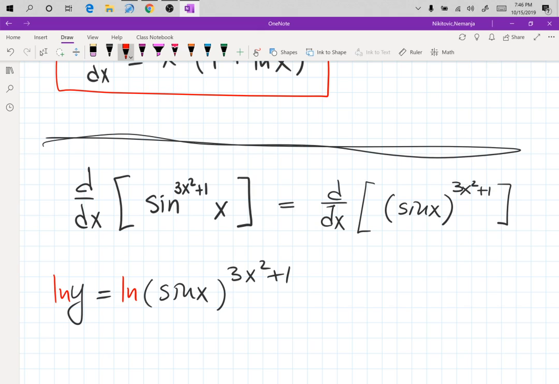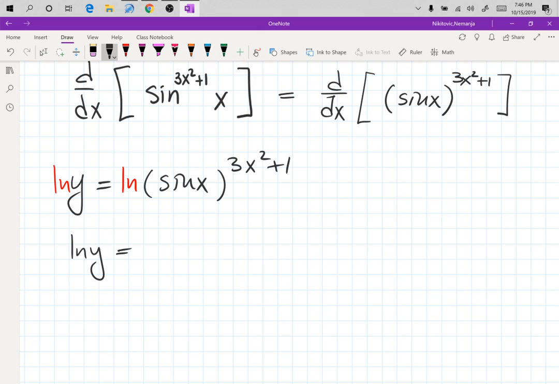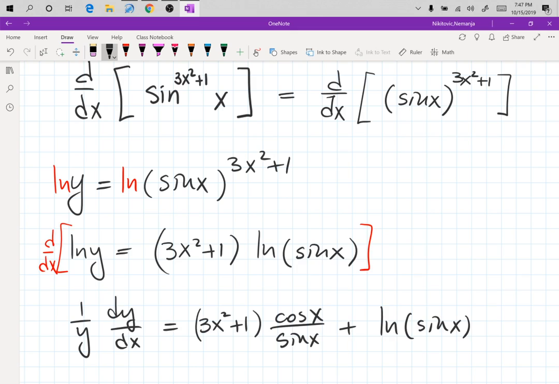Now I have ln y equal to 3x squared plus 1 drops in front of ln of sine x, and then I differentiate both sides. I have my 1 over y dy dx, and now I have a product rule. 3x squared plus 1 times the derivative of this one, which is just sine x down, cosine x on top, plus copy the second one, which is ln of sine x, and then the derivative of the first, which is just 6x.